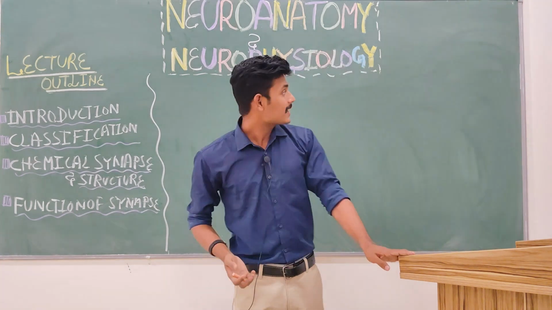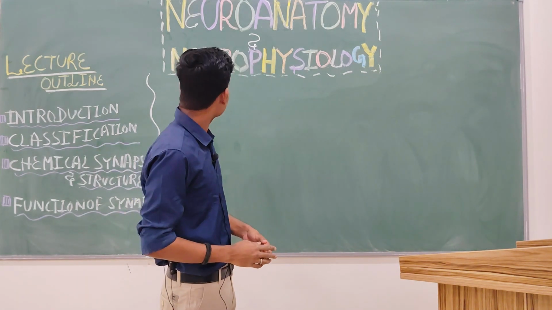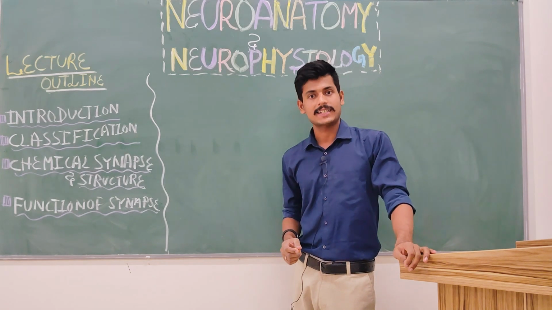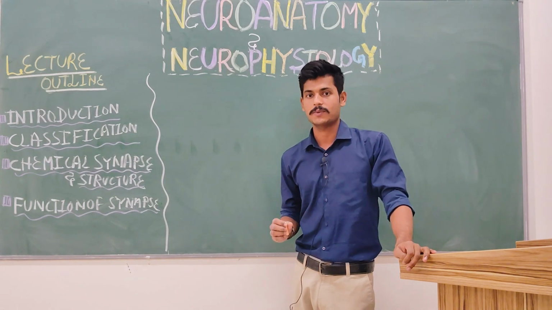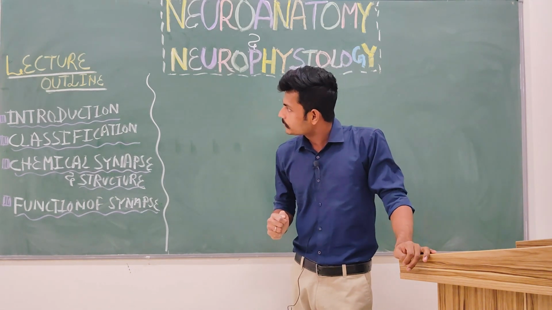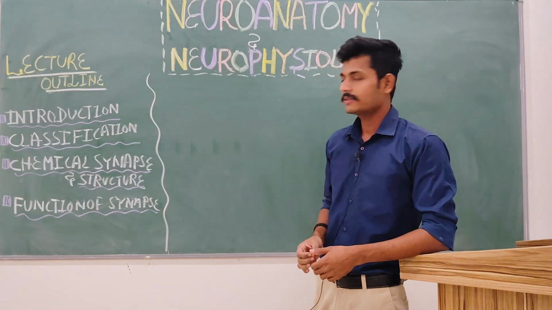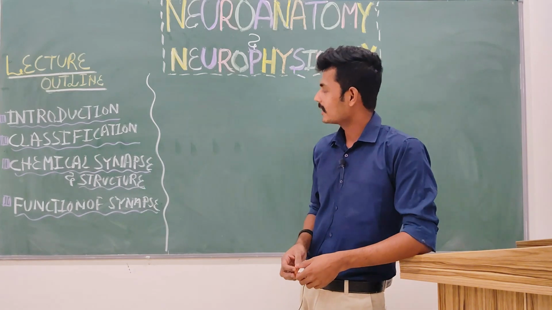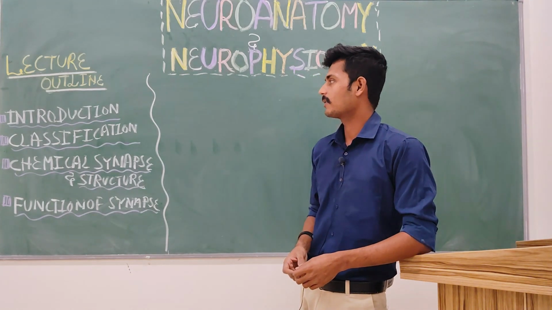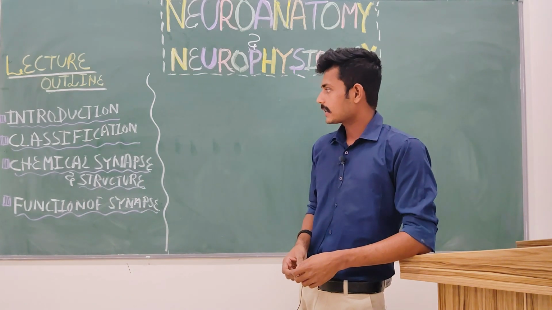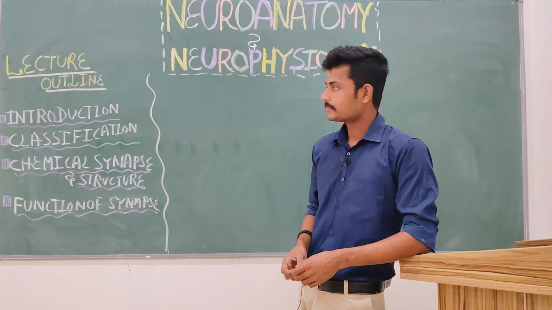So in today's class I would like to discuss the synapse. Here is our today's outline. First we will deal with the introduction, as we do in our lectures, then the classification, then the chemical synapse and structure.